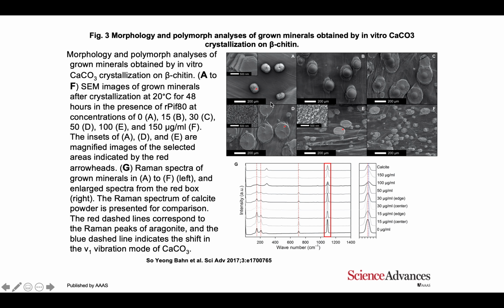But if you put in PIF80 in different concentrations, look what it does. This is the same amount of time, 48 hours for each one of these. But look, putting a little PIF80 in there makes a larger formation of calcite. And they're actually laying it down in the Aragonite form of calcite.